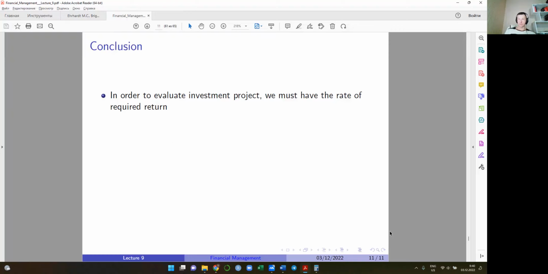So the last lecture was about estimation of the cash flow for the investment project, and today we conclude with the approaches for how we come up with the cost of capital needed for NPV and for other investment criteria. So as it was said, for investment projects, the discount rate is the weighted average cost of capital.